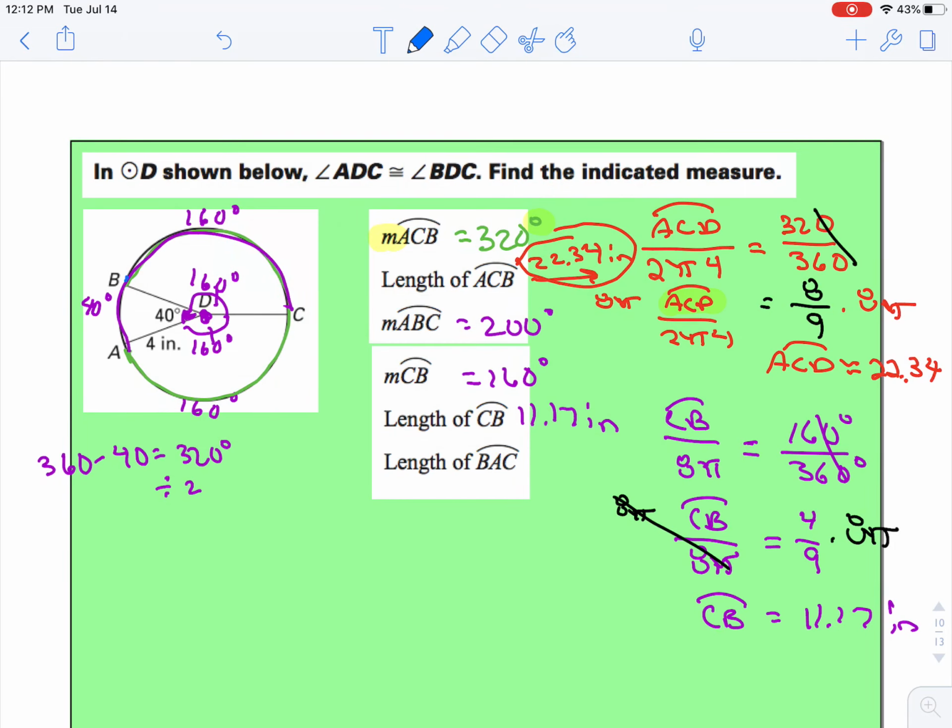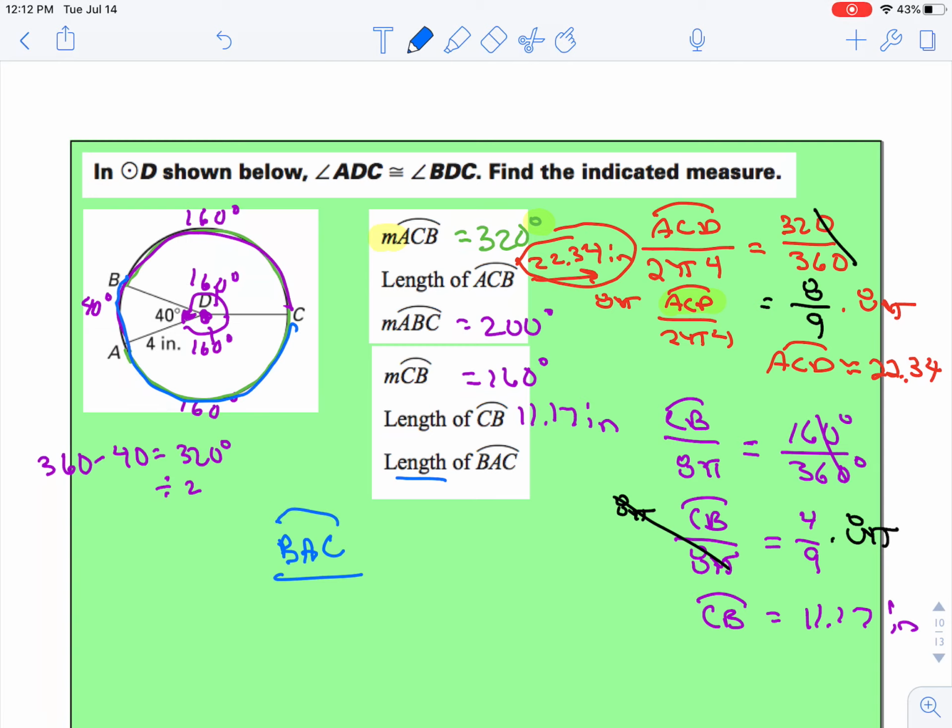And now we want to find the length of arc BAC. So we already used green, let's go with blue. So B to A to C, and that is the length of it, not the degree measure. Notice the length.